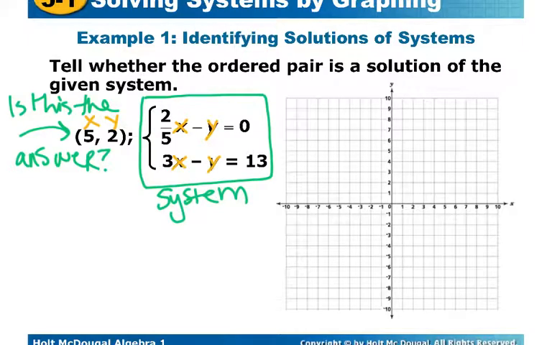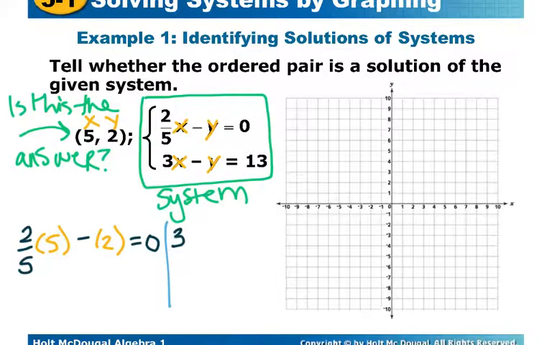So in the top equation we've got 2/5, but instead of an x we're going to have 5, and instead of a y, we're going to have 2. We're going to see if that equals 0. The other one, we have a 3, and instead of an x, we'll have a 5, and then instead of a y, we'll have a 2.